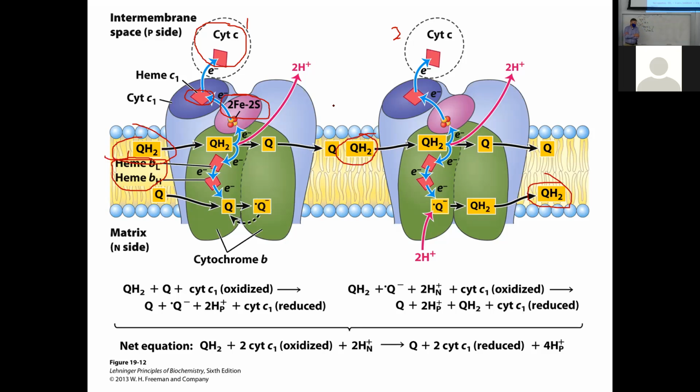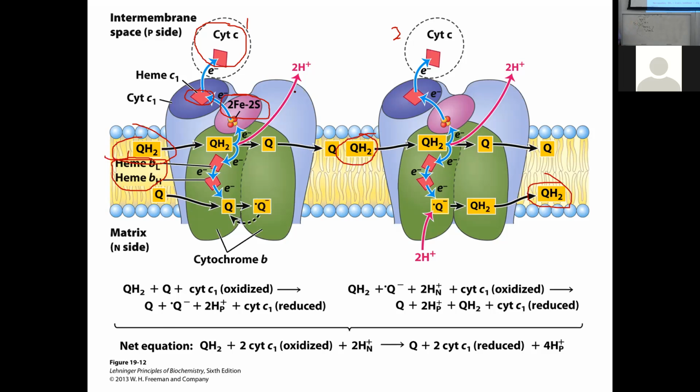But are there other elements that it can contact? The answer is yes, and yet the binding site is pretty specific for QH2, and in the absence of that, those electrons don't seem to get donated very easily.